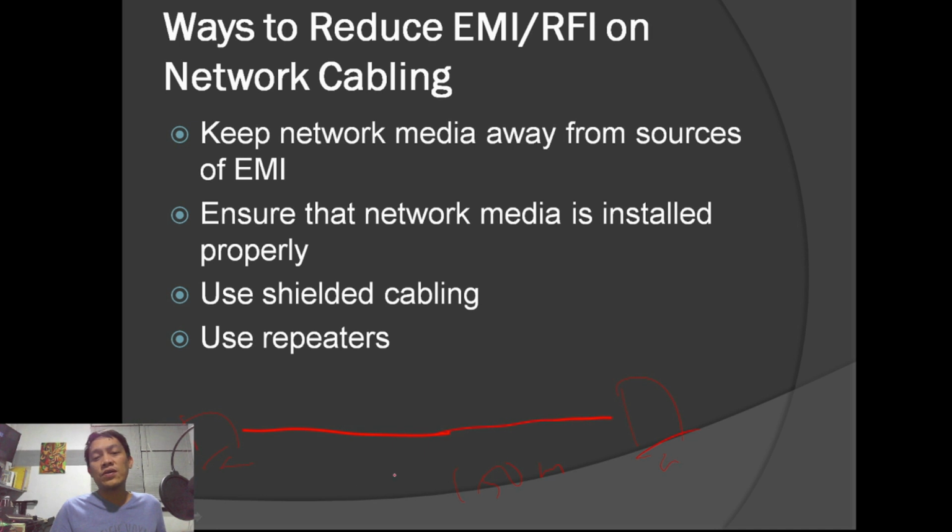Since this is more than 100 meters apart, you can cut in the middle, then you can use a repeater or a hub or a switch, para palakasin uli yung signal here, because there's an attenuation exceeding 100 meters, so you have to make sure that there's a repeating device to repeat the signal again para makapunta siya on your destination. So use repeaters, so you can use a switch to extend the network.